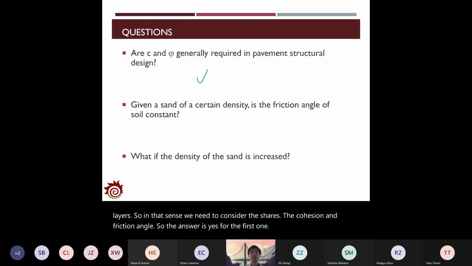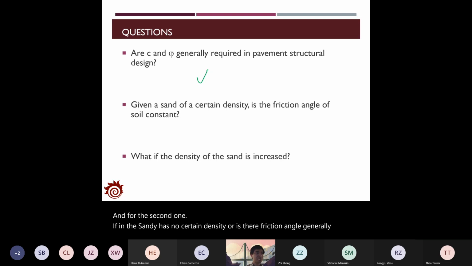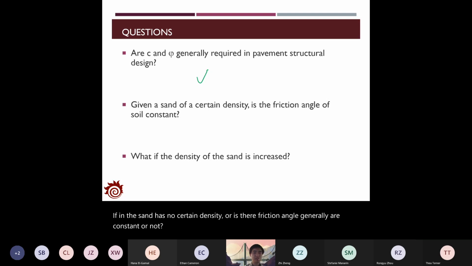And for the second one, if the sand has a certain density, is the friction angle generally constant or not? It might not be quite intuitive to get the answer for this one. Usually for sand, a certain density means a certain compaction, and the friction angle for that sand is not necessarily constant.